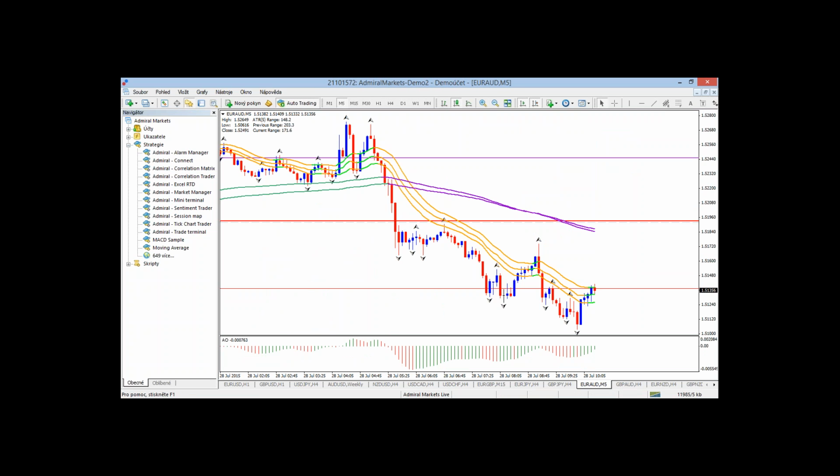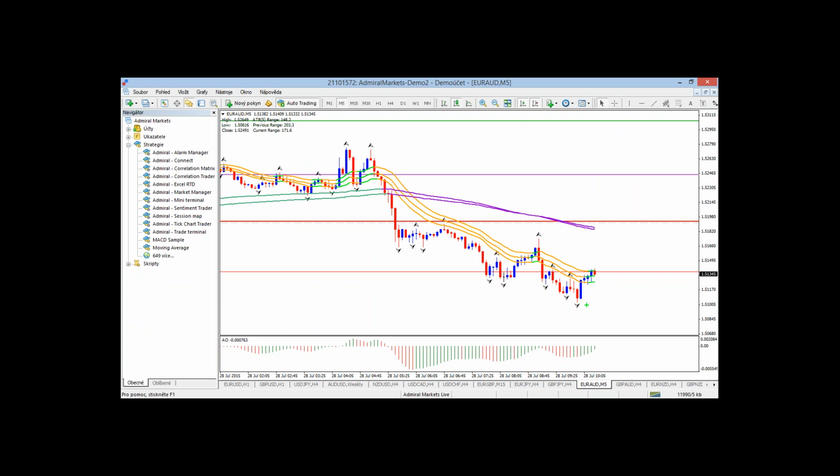The other alternative could be, instead of waiting for the 4-hour chart, which is nothing bad, on a 5-minute chart: 1, 2, 3, 4. This is the fifth candle. Sorry, I moved my PC. This is the fifth candle.